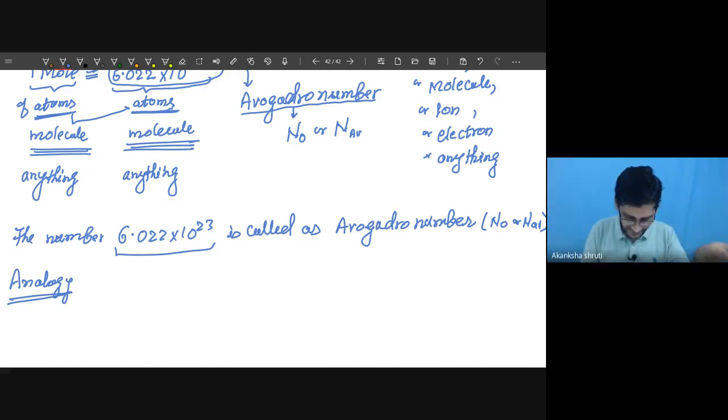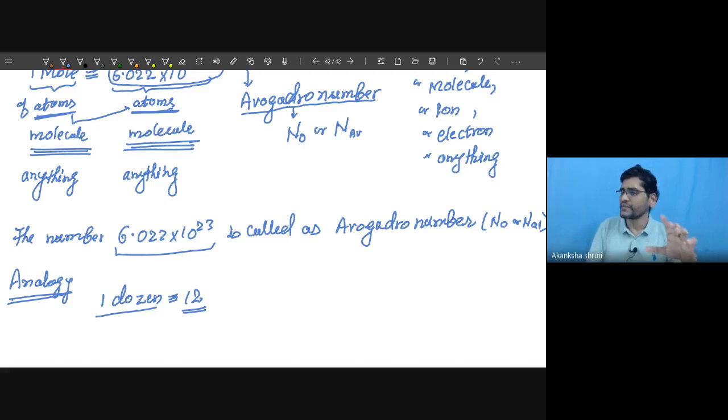Example, if we consider 1 dozen, this is identical to how much? 12. 1 dozen always means 12. Now 1 dozen of pencil means a collection of 12 pencils.